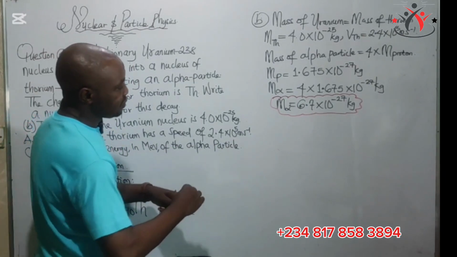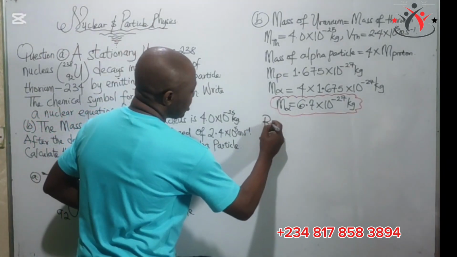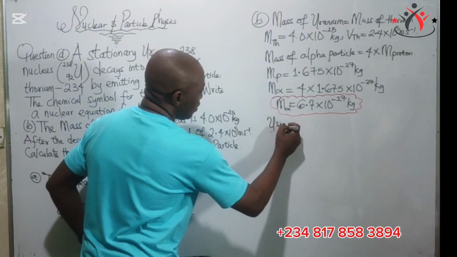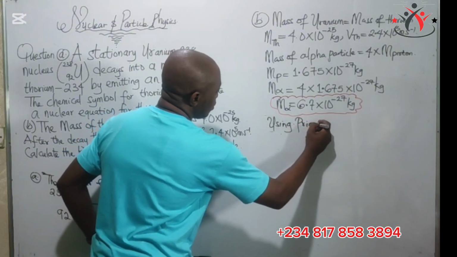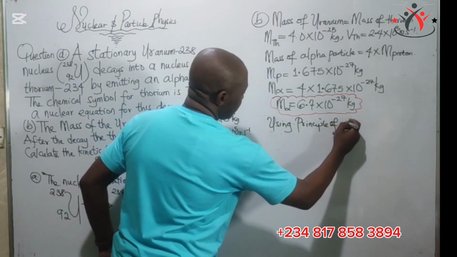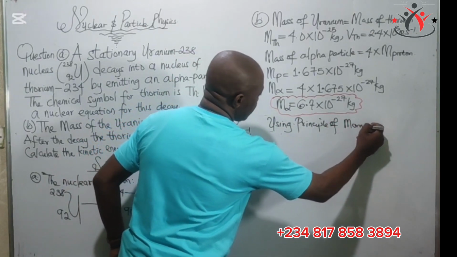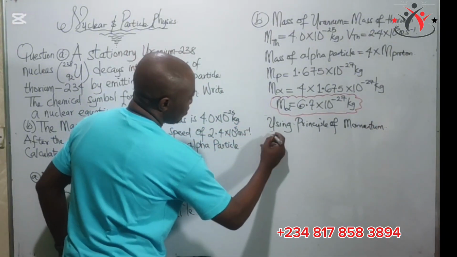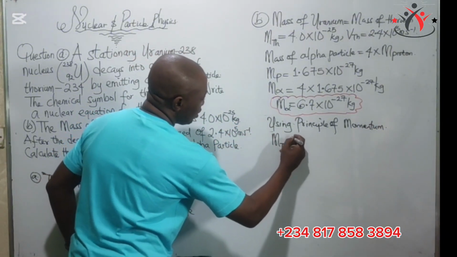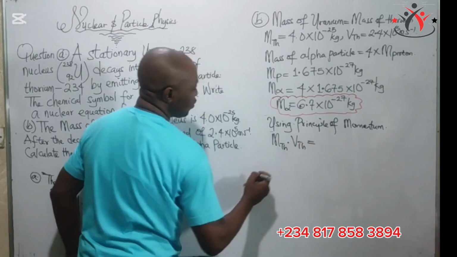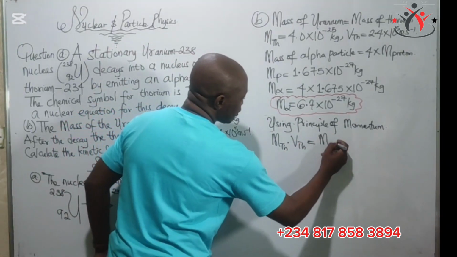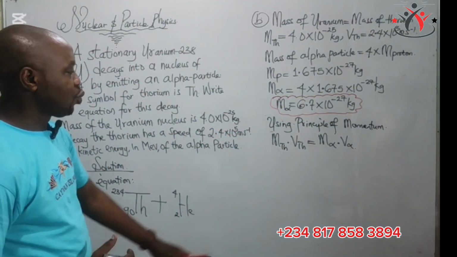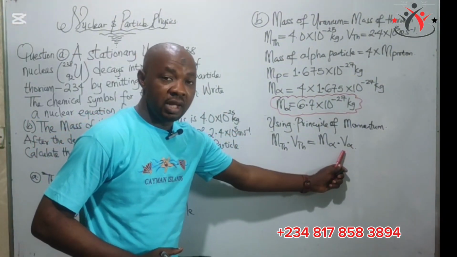So by using the principle of conservation of momentum, we have the mass of thorium multiplied by the velocity of thorium equals the mass of the alpha particle multiplied by the velocity of the alpha particle. Now don't forget that we want to find the value for V alpha.